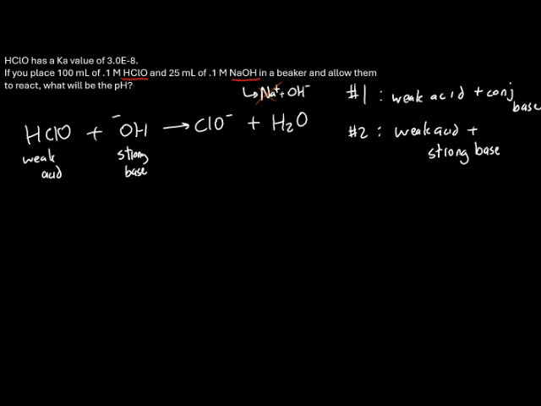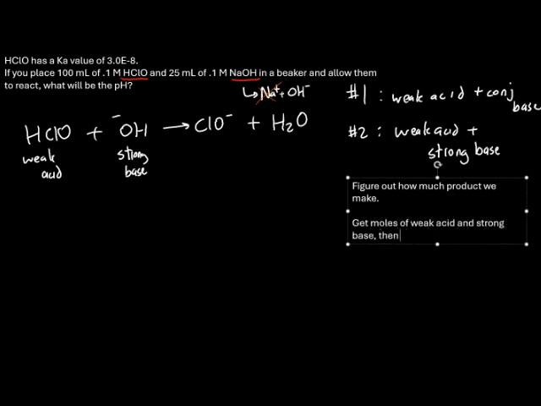Now that we know what happens, let's figure out how much product we make. To begin with, let's find the moles of our weak acid and our strong base and figure out which one runs out first. This is similar to the limiting reagent problems you may have done in your previous semester in Chem 151.